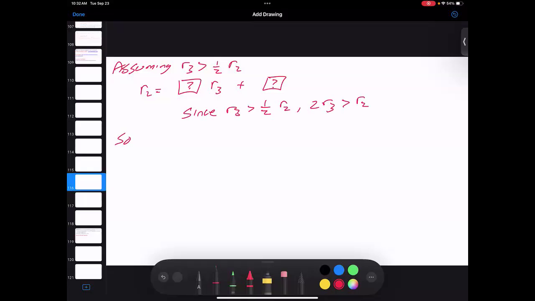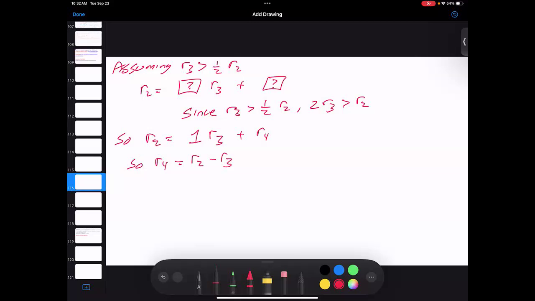So we have to have R2 is 1 copy of R3 plus its remainder. So R4 is going to be R2 minus R3, but R3 is greater than 1/2 R2.